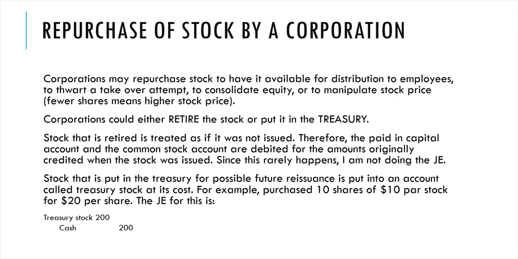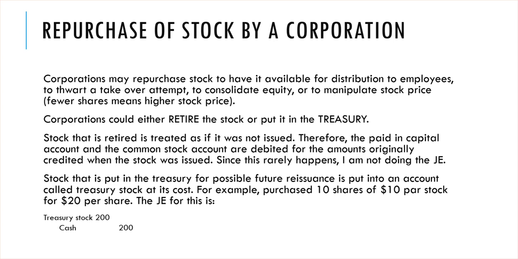So what you'll do is, before the end of a month or end of a payroll period, you'll go out and buy the stock and have it in your treasury, and then you'll take it out of the treasury and send it to your employees according to what their payroll deduction was.